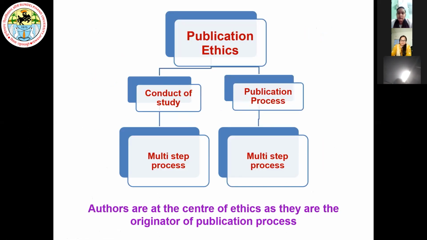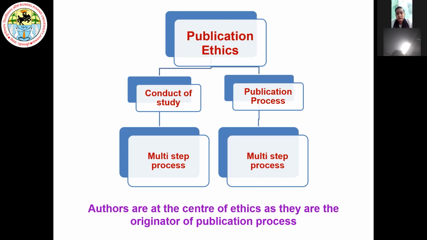So when we talk of publication ethics, you have broadly two key partners here. One is the persons who are involved in conduct of the study, what we call researchers. That is one partner who is responsible for all sorts of publication ethics. And then you have the second major partner, that is the publication process. There also ethics are involved.